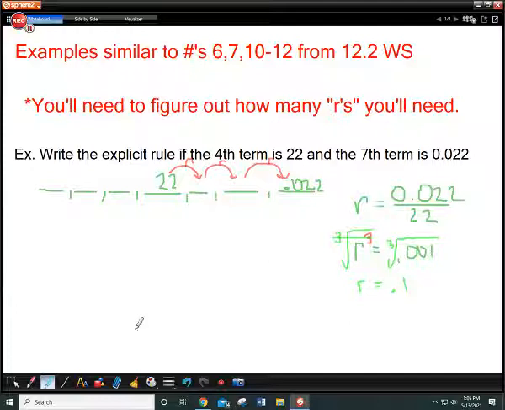Okay, so we need to figure out what the first term is. If they're multiplying by r this way, and I need to get back here, we're going to need to divide. So we're going to go this way, and we're going to divide by 0.1, and keep doing that till we get that first term.